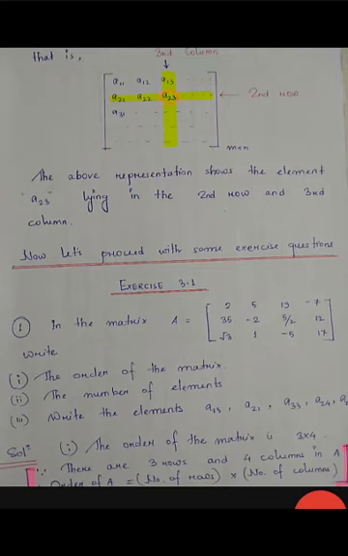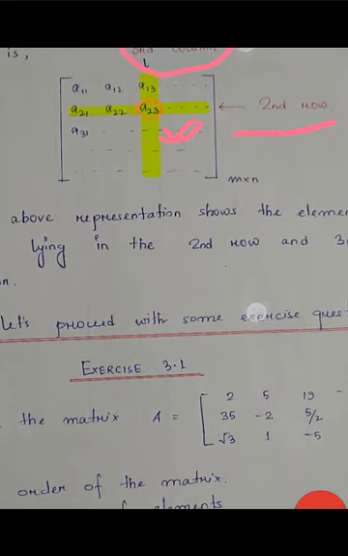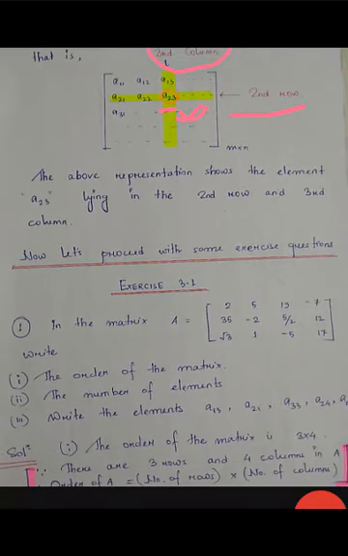Please look at the highlighted part. The element A23 belongs to the second row and it belongs to the third column also. So the above representation shows the element A23 lying in the second row and third column.